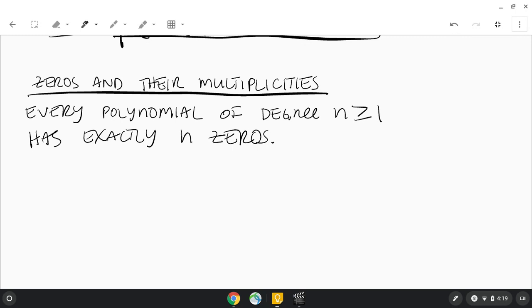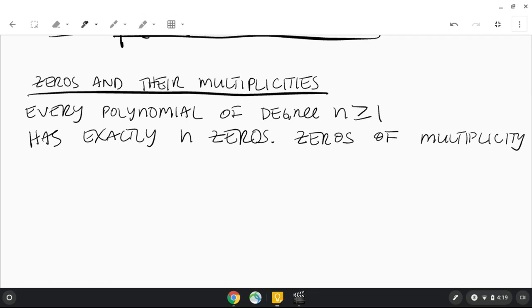And then also zeros of multiplicity k will be counted k times.